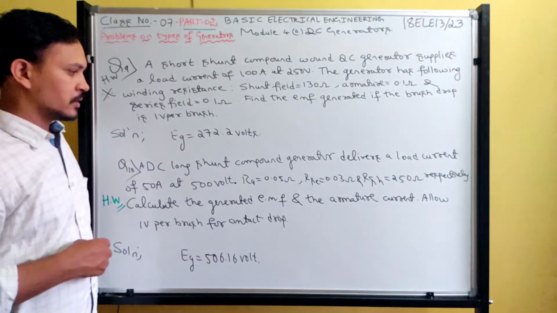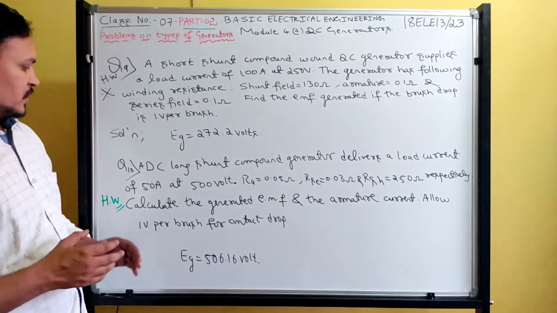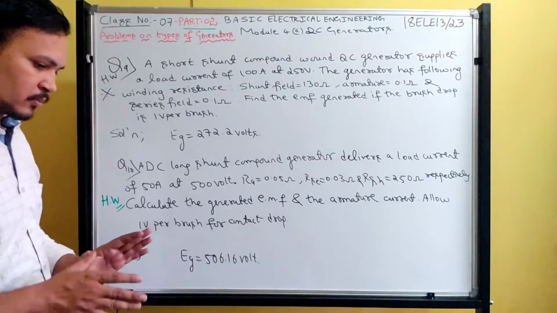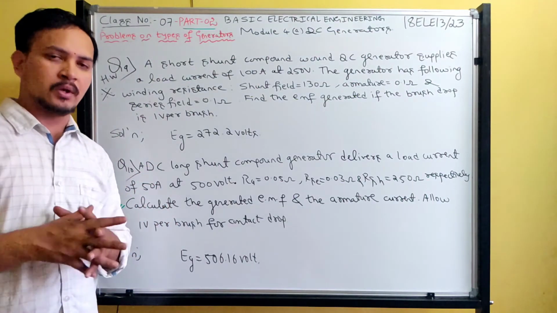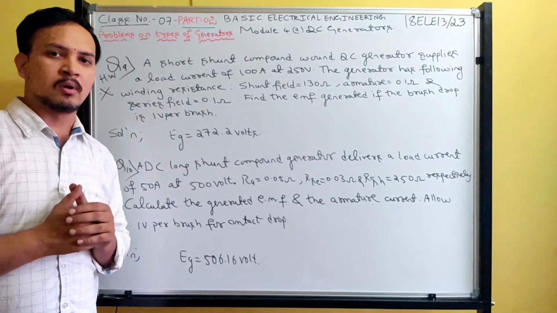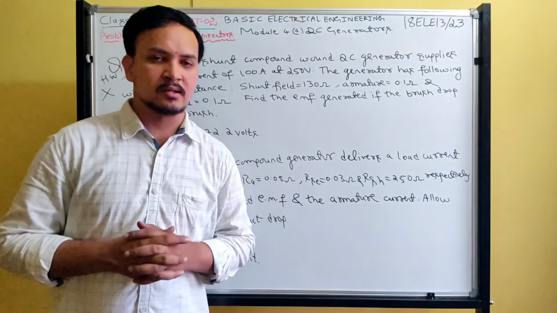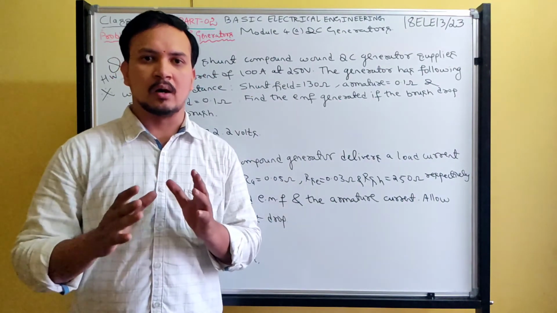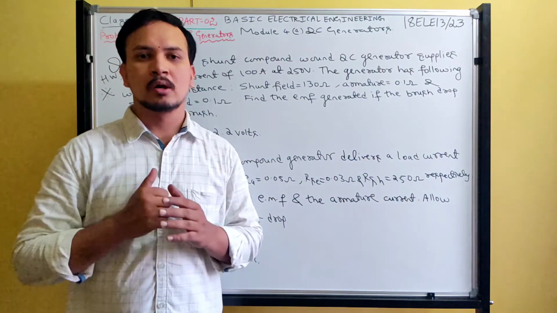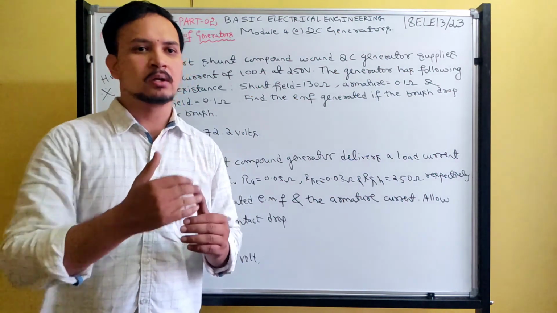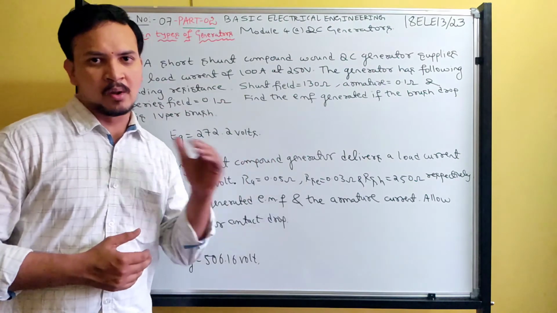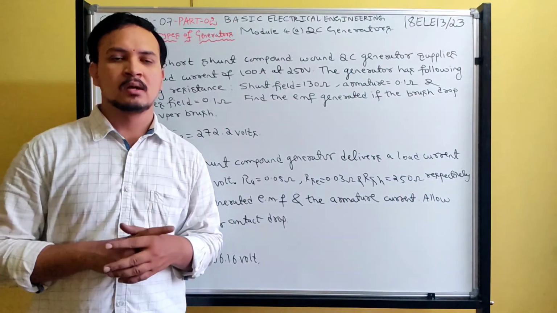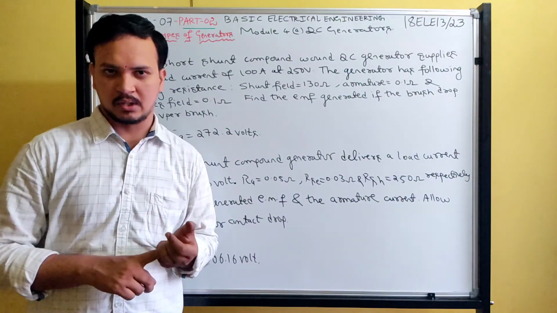Understood, guys? So, guys, totally these 10 problems are more than sufficient. But till now in the university examination, they have asked problems on the DC shunt generator. So concentrate more on shunt generator problems, and along with that study other problems also. One problem on series I did, one problem each on long shunt and short shunt.